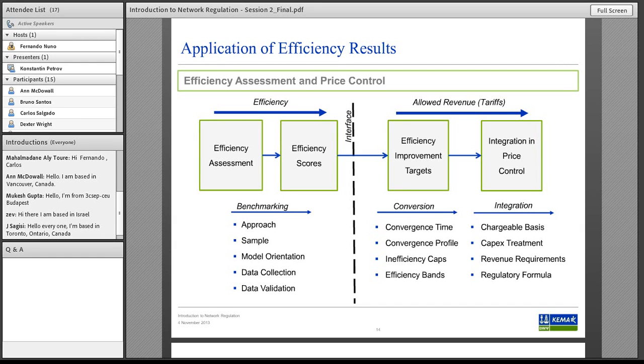Another important question. How to establish revenue requirements over time under the aspects of the integration of efficiency scores? And do we use kind of, let's say, really general regulatory formula? And if yes, how is really this efficiency/inefficiency or efficiency target integrated in the revenue cap or the price cap formulas of the regulator?